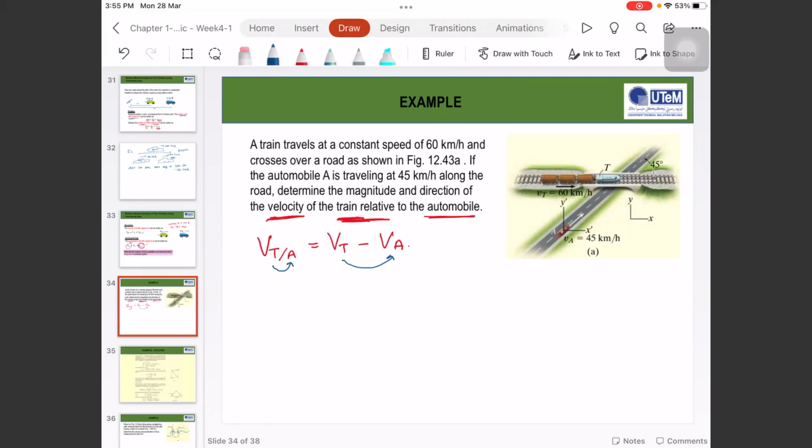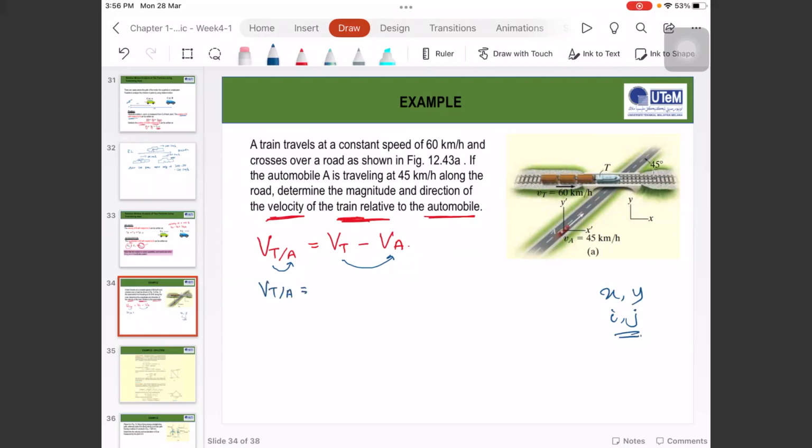As I said, you kena solve ni follow the vector quantity, I dan J. Kalau X, Y, vector dia adalah I dan J lah.